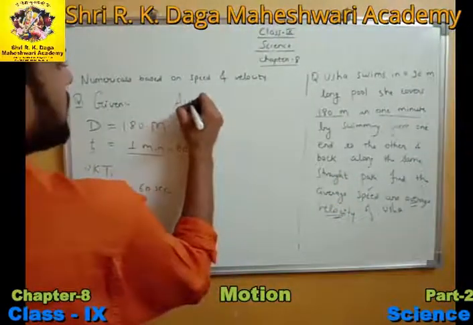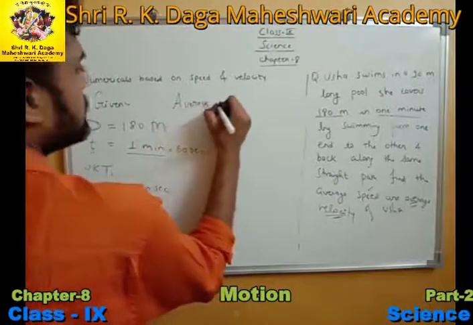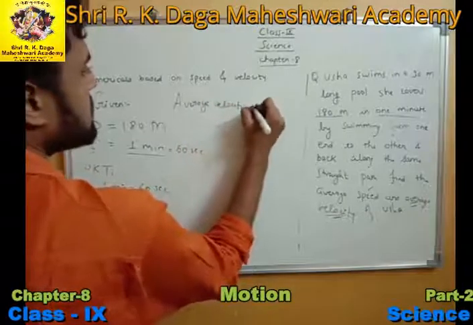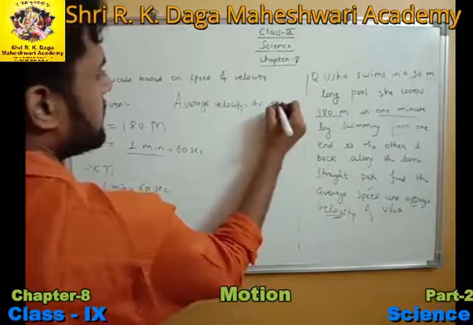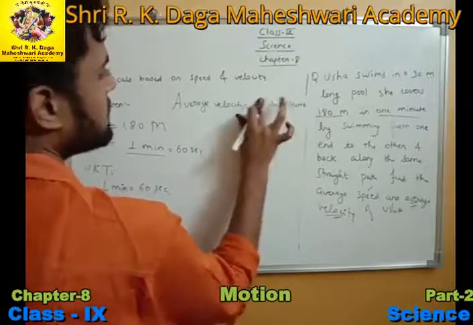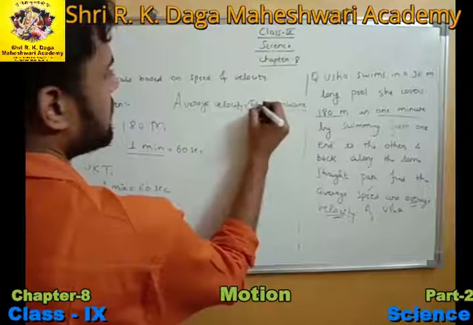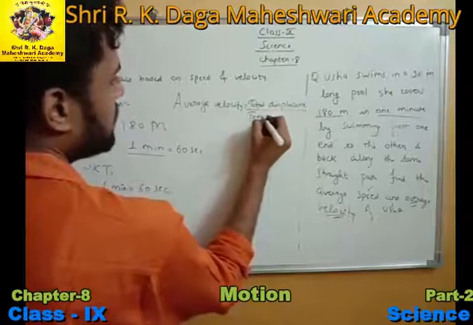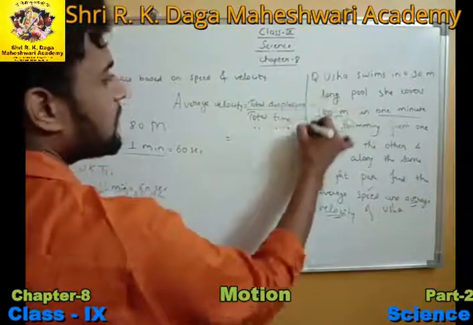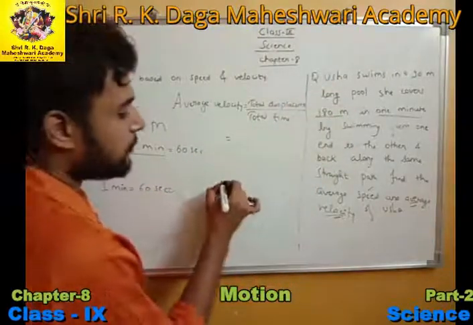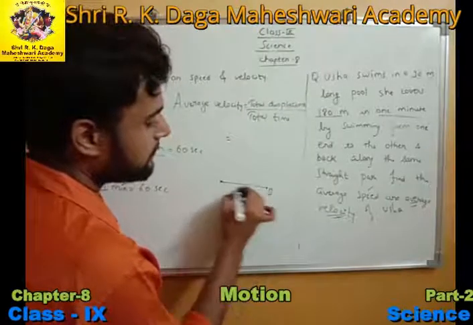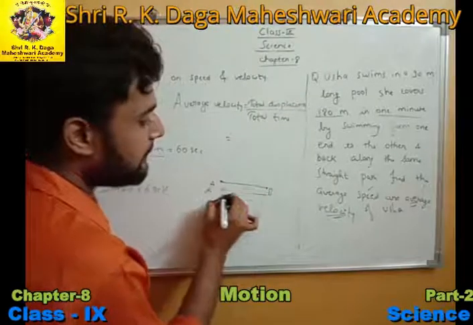The formula for average velocity is total displacement upon total time taken. So if she started from one end of the pool, she will go to the other end and then she will come back.